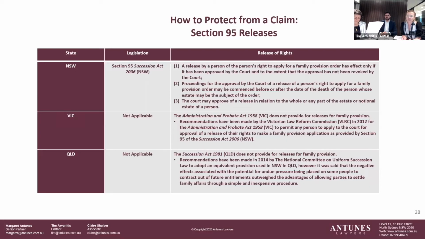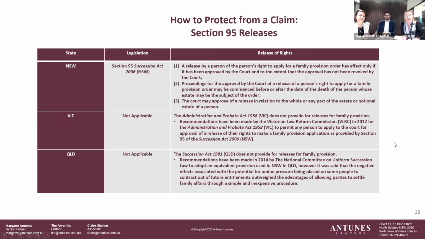So in Victoria or Queensland, for instance, there is a lot of commentary at the moment, recommendations for change, for law reform in this area. So I guess it's a watch this space, because we could be having similar provisions to those we have here in New South Wales come to other jurisdictions.